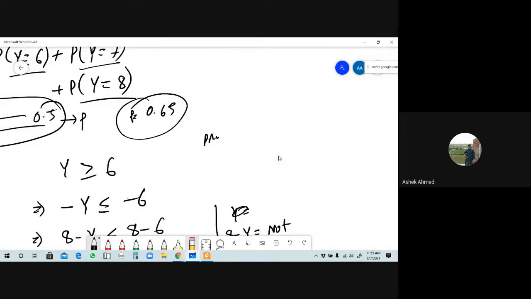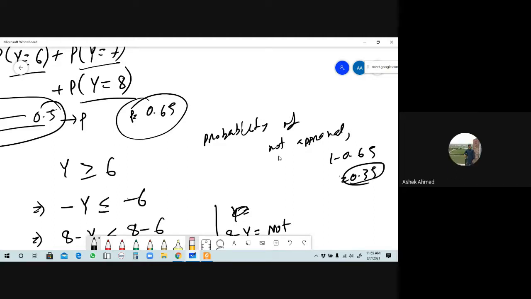The probability of not approval, what will that be? If p is 0.65, then not approval will be 1 minus 0.65, that is 0.35, is it right? Yes, sir.